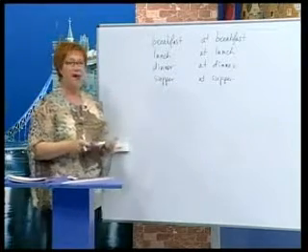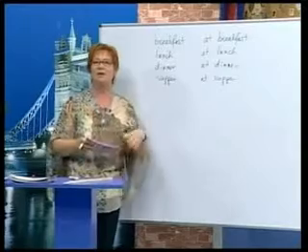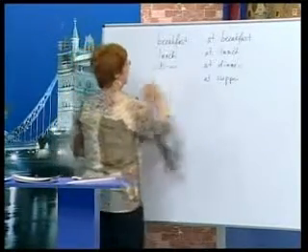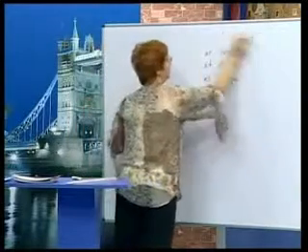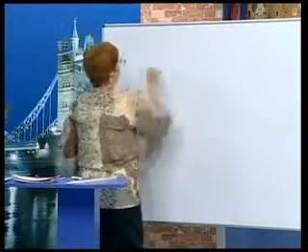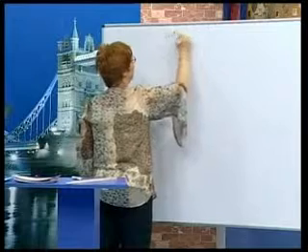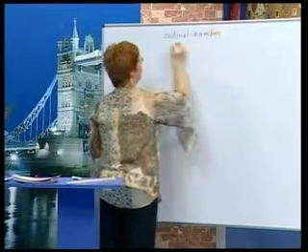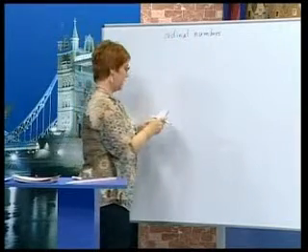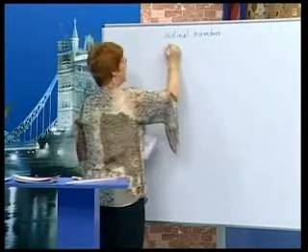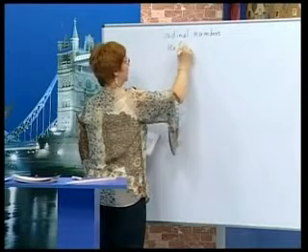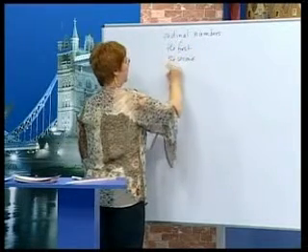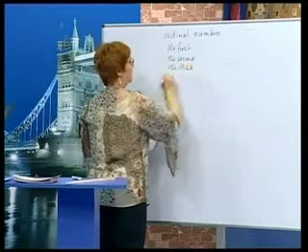Okay, now, also, when we talk about dates, we use ordinal numbers. Now, we saw these before. And remember that ordinal numbers are the ones that show the order. Okay, so we have, for example, the first, the second, the third, the fourth.